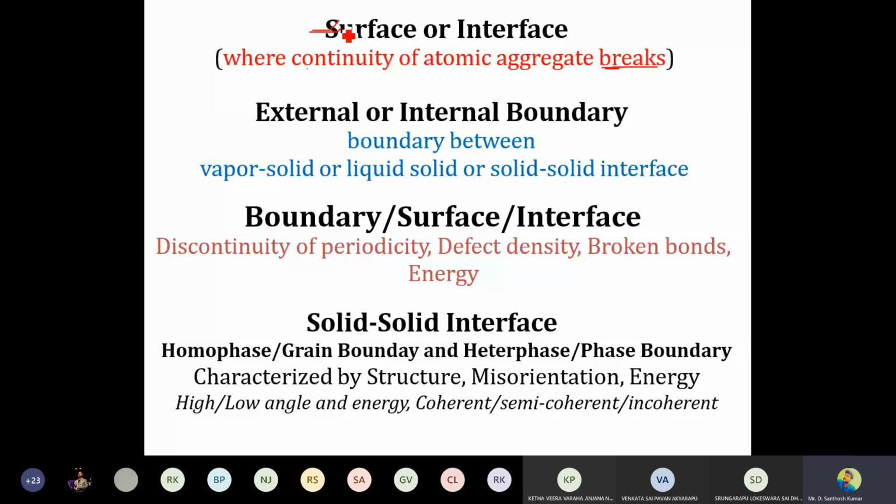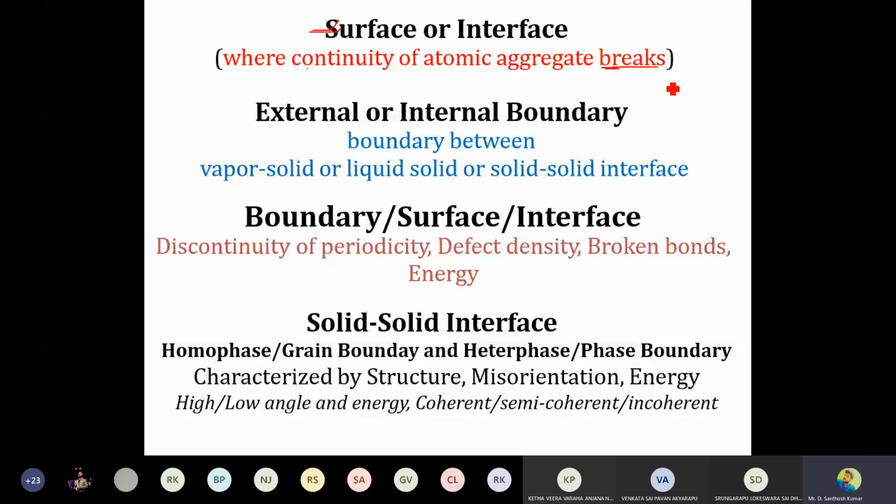In general, a surface is essentially a situation where the atomic, ionic or molecular aggregate has a discontinuity, where the continuity breaks down.